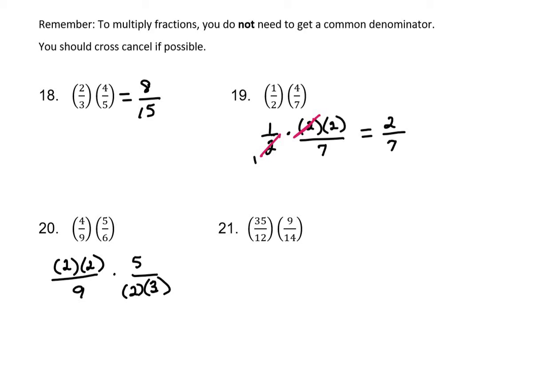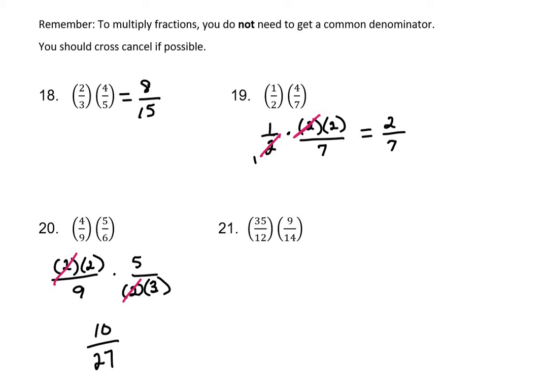And from there, I see that I can cancel this 2 with this 2. Now, the reason why I didn't write the 9 as 3 times 3 is because the 9 doesn't have anything that it can cancel with. So now I can just multiply straight across. 2 times 5 is 10, and 9 times 3 is 27.